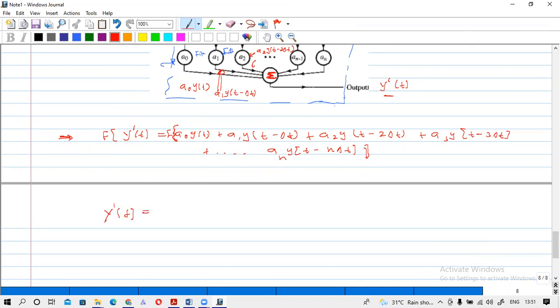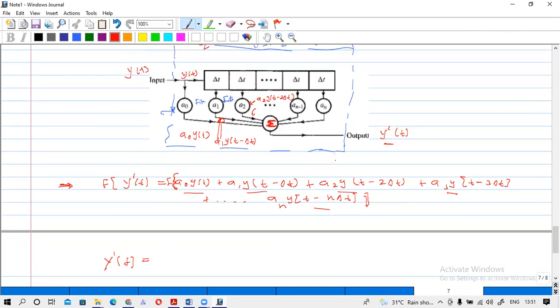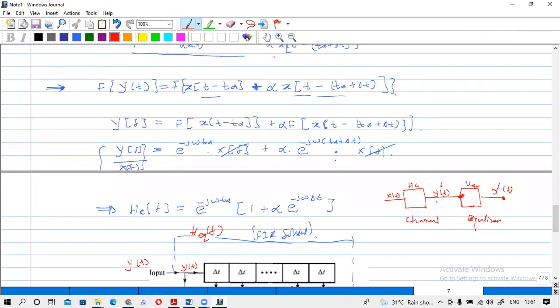You can see that all these terms are adding. So using the linearity property, we can find the separate Fourier transform of each component, like we have done here.